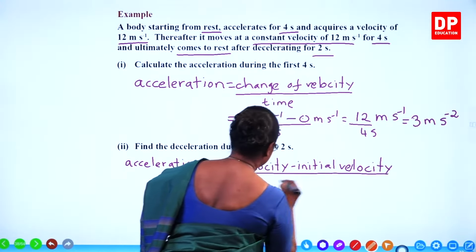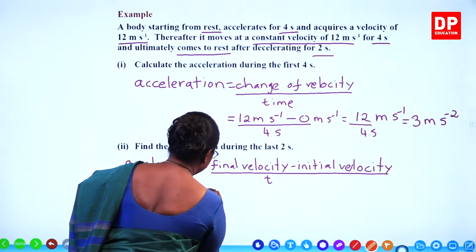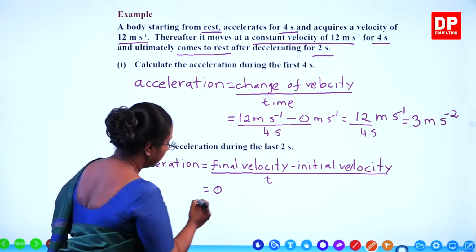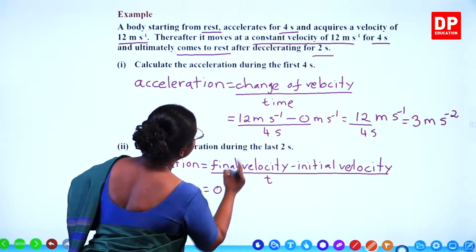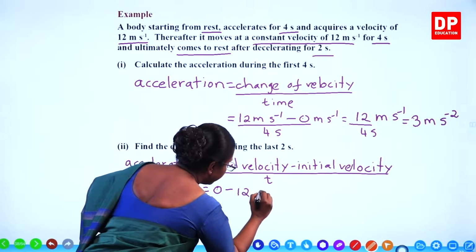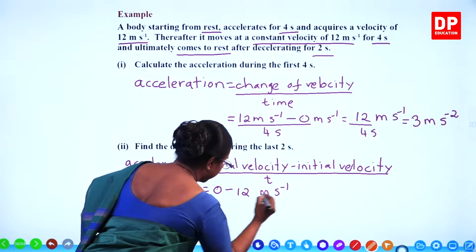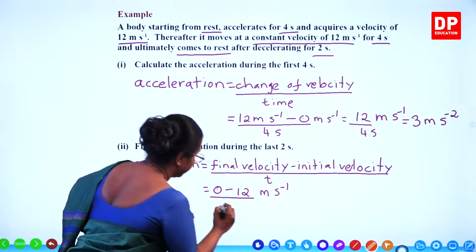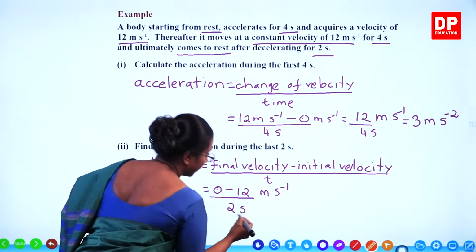divided by time. So here we can see final velocity is 0 minus initial velocity 12 meters per second divided by, it is the last 2 seconds. So 2 seconds.